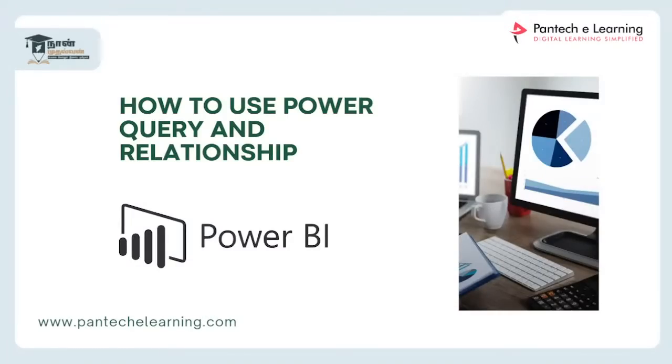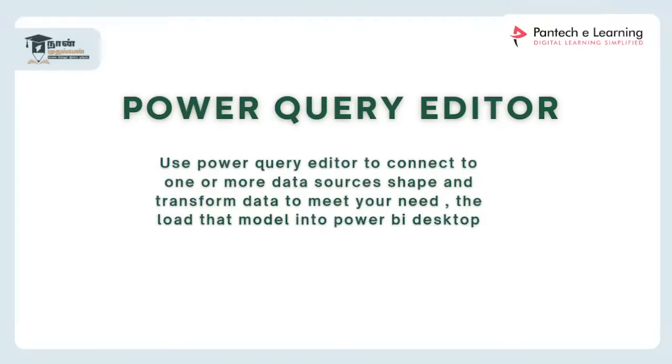So today's concept is how to use the Power Query editor. The Power Query editor is a default side window in the Power BI tool. Power Query is helpful for handling and transforming the data. Use the Power Query editor to connect to one or more data sources, shape and transform the data to meet your needs, then load the model into Power BI Desktop.